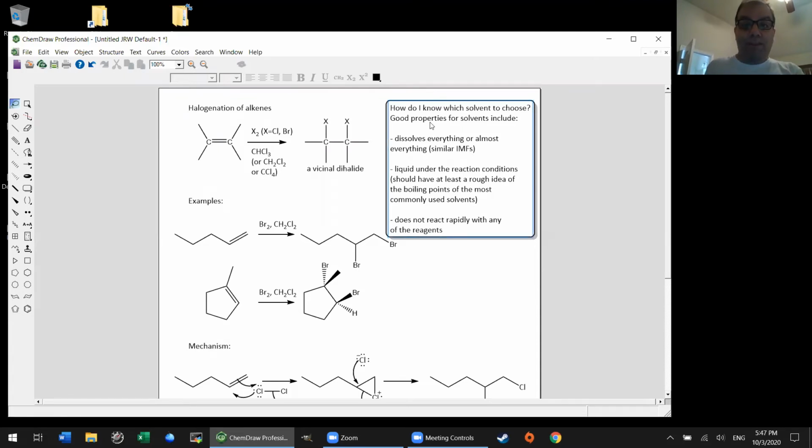One that you might expect, that makes a lot of sense, is you want your solvent to dissolve everything, or at least almost everything. And the way you know that has to do with intermolecular forces. It has to do with polarity. It has to do with like dissolves like. So you would want your solvents to be of similar polarity to your reagents. And in this case, of course, elemental halogens are by definition completely nonpolar.